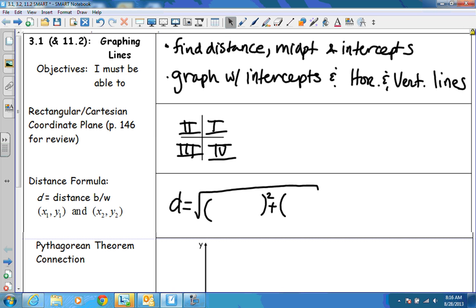That's quadratic formula. Just kidding. You have 2 things being squared with an addition. So you have x2 minus x1 and y2 minus y1.